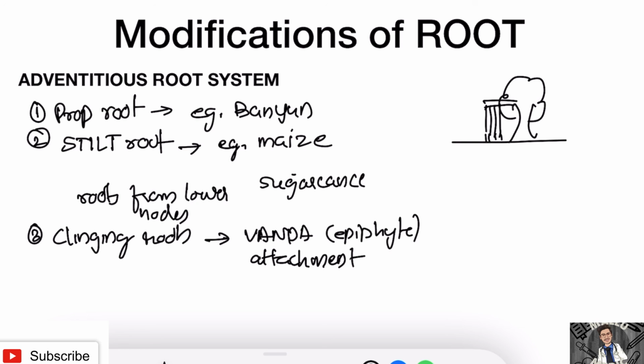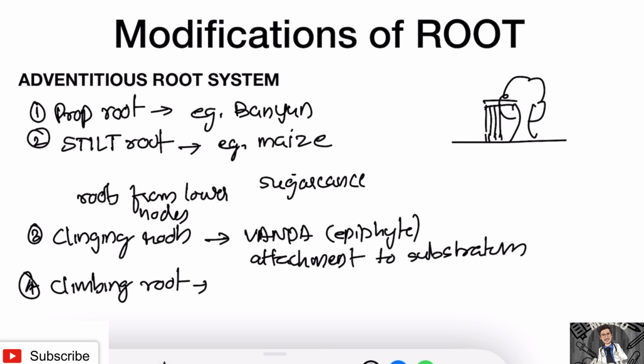These roots help them to attach to the substratum. And then we have another type of root known as climbing root. Climbing roots are the roots which help the plant to climb up. An example is piper. So that completes the root system in your NCERT text.